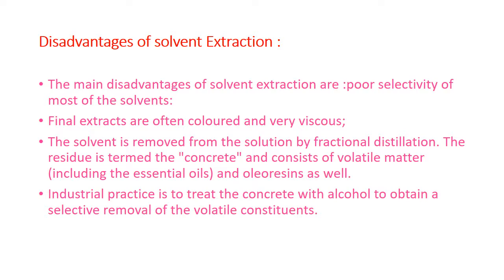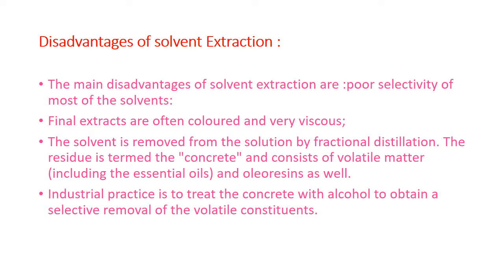The solvent is removed from the solution by fractional distillation, and the residue which remains after removal of the volatile solvent is known as concrete, and it consists of the volatile matter and oleoresins, including the essential oil. The industrial practice is to treat the concrete with alcohol to obtain the selective removal of the volatile constituents.